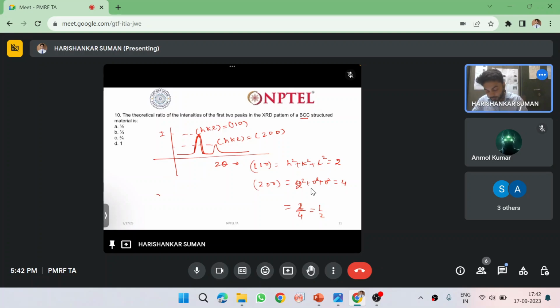We can also calculate from d200, which is also related to the peak intensity ratio. So let's calculate. This is the second method.